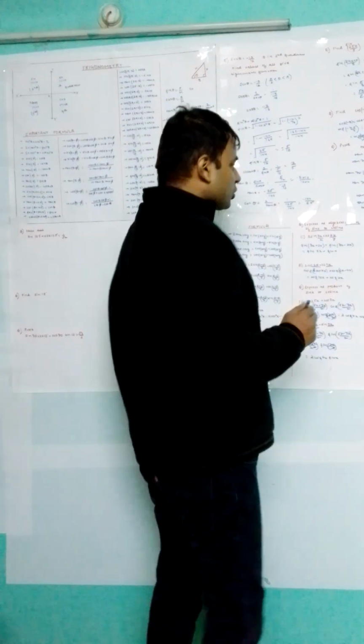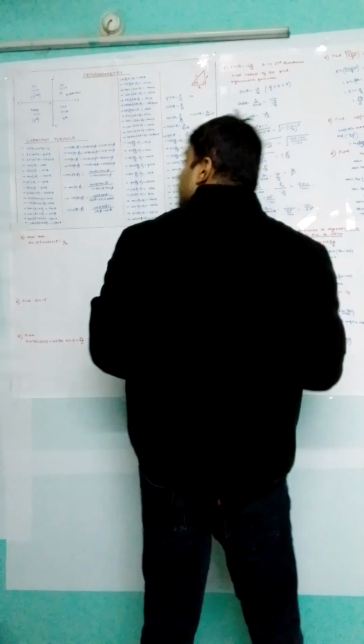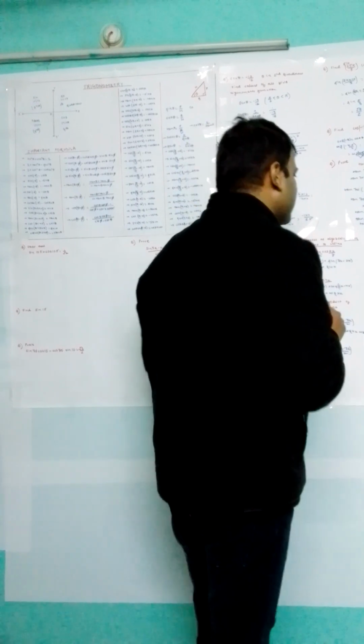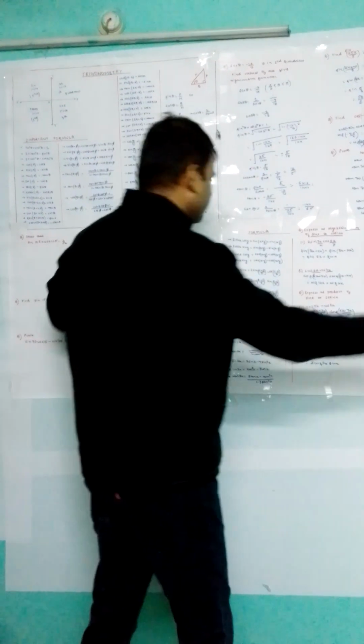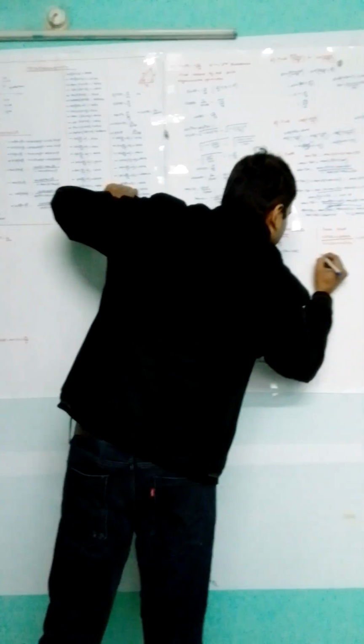Now similar is this question, (cos 6x plus cos 4x) upon (sin 6x minus sin 4x). So we use this formula, cos c plus cos d.